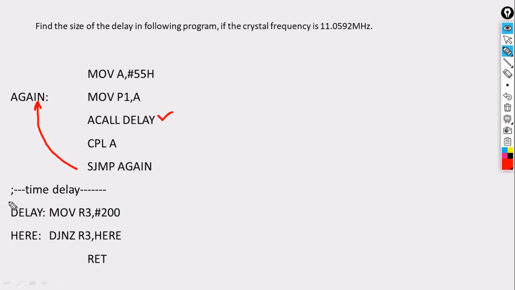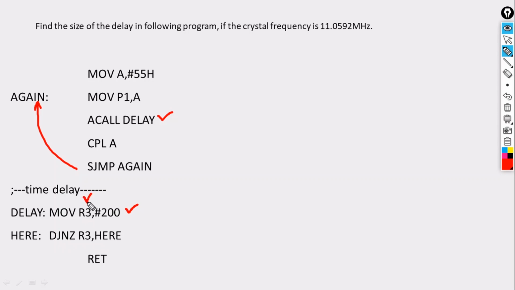Now if we look at this, MOV R3, #200. It is going to execute 200 number of times. Now here we have DJNZ R3, here, so until R3 becomes 0.